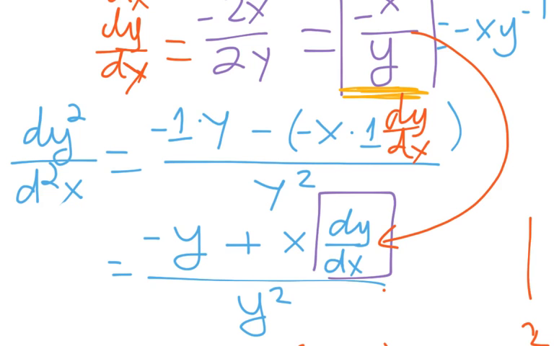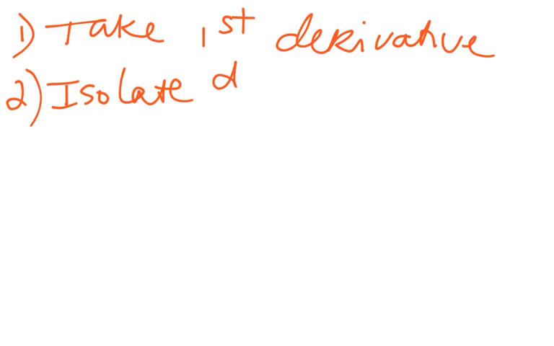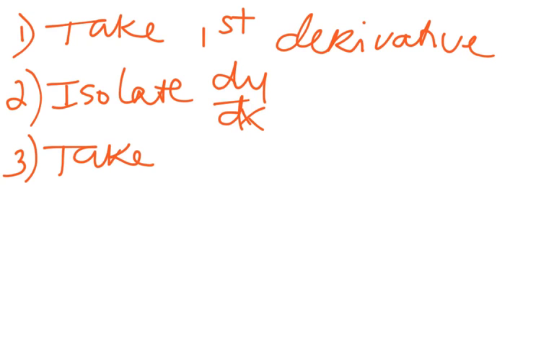So the steps for taking the second derivative: step 1, take the first derivative. Step 2, isolate dy over dx. Step 3, take the second derivative.